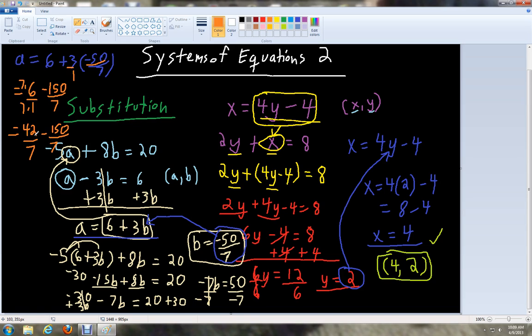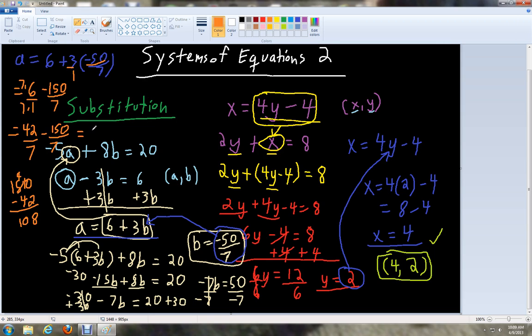And so 42 minus 150, we know that's going to be negative. So we'll just do a subtraction here to the side. 150 minus 42. So we have to borrow. So it's 10 minus 2 is 8. 4 minus 4 is 0. Bring down the 1.